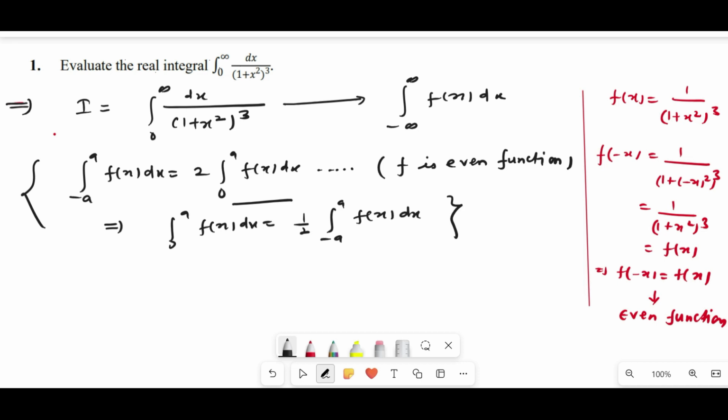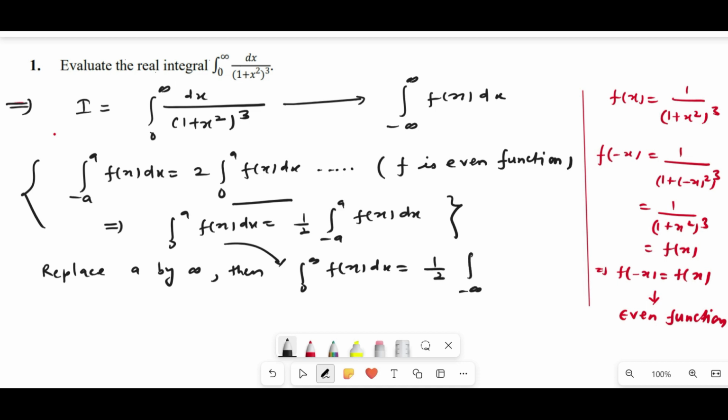We need to replace a by infinity. Then we can write the integral from 0 to infinity of f of x dx as 1 by 2 times the integral from negative infinity to infinity of f of x dx. So this is our required basic concept of this integral.